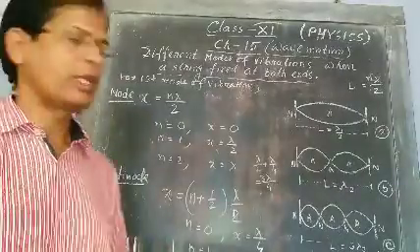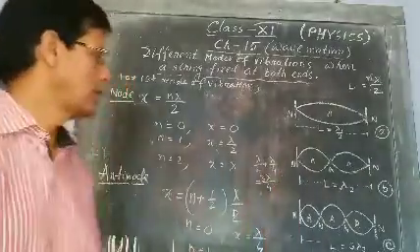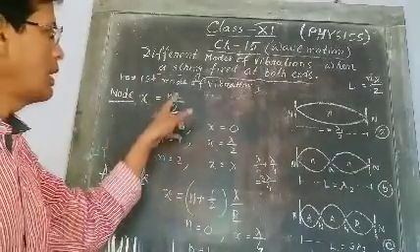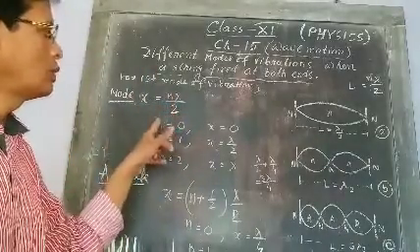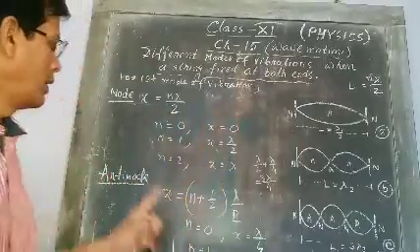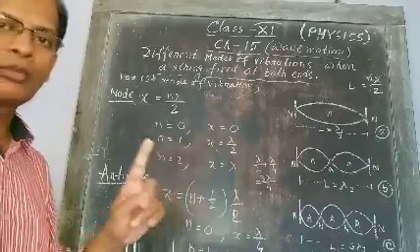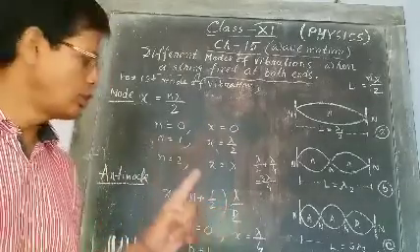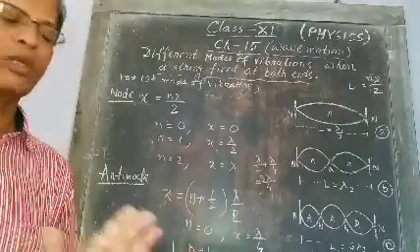So in this way, you will get the position of the antinode. To find node, the formula is x equal to n lambda by 2. Put n equal to 0, 1, 2, you will get the position of node. And to find antinode, you have to use the formula x equal to n plus half, lambda by 2. If you put n equal to 0, 1, 2 like this way, you will get the position of the antinode.